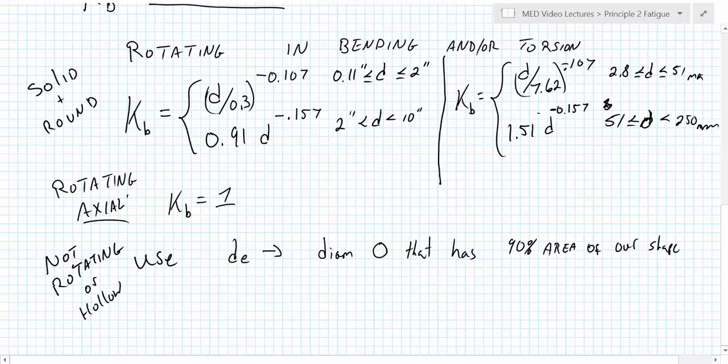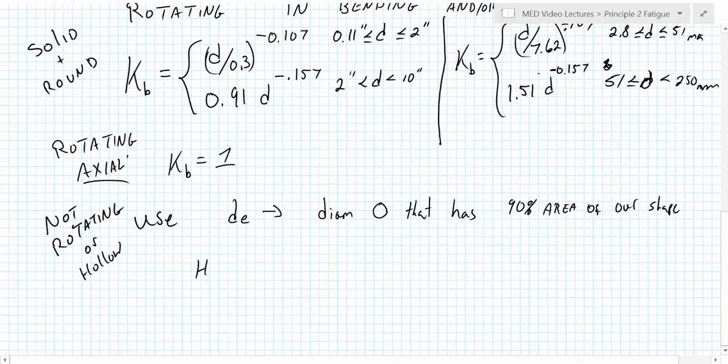There are several of these already figured out. For example, a hollow shaft has an equivalent diameter of 0.37 times the original diameter, or the outside diameter.